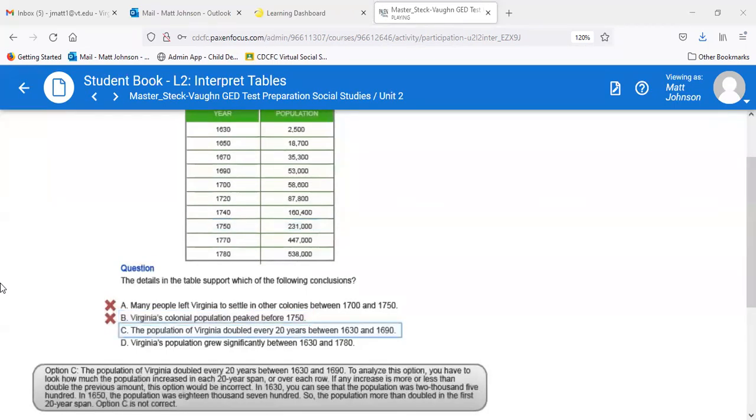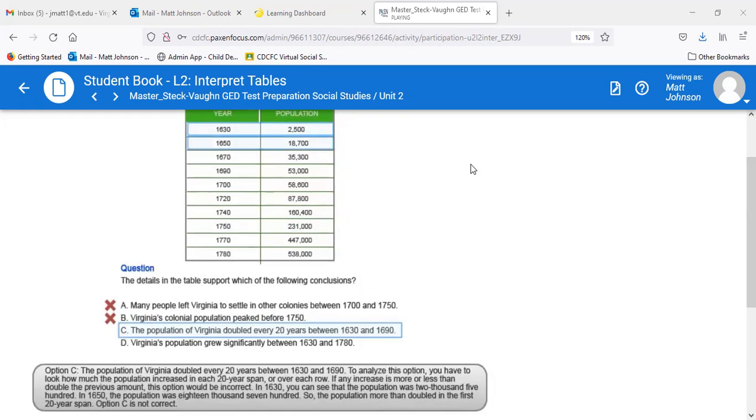Option C. The population of Virginia doubled every 20 years between 1630 and 1690. To analyze this option, you have to look at how much the population increased in each 20-year span, or over each row. If any increase is more or less than double the previous amount, this option would be incorrect. In 1630, you can see that the population was 2,500. In 1650, the population was 18,700.